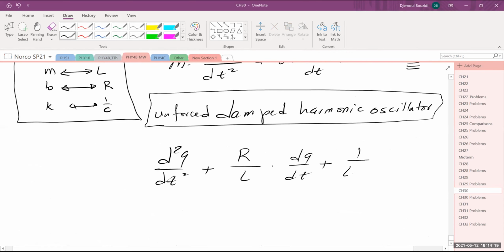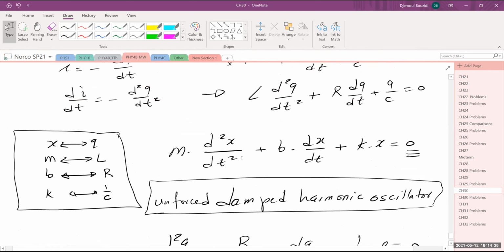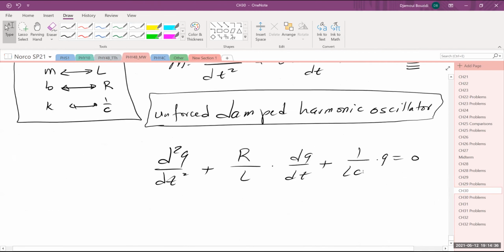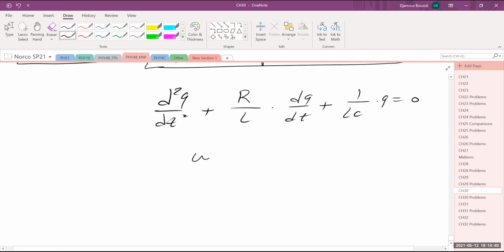Had we done the second one, it would have been the second derivative, which is the acceleration, plus B over M, which is basically the viscosity factor, plus K over M, which is just omega naught squared. And this is the same thing, it's omega naught squared. As a matter of fact, I'm going to define omega naught in this situation in such a way that it's 1 over LC. This is the natural frequency of the oscillator.